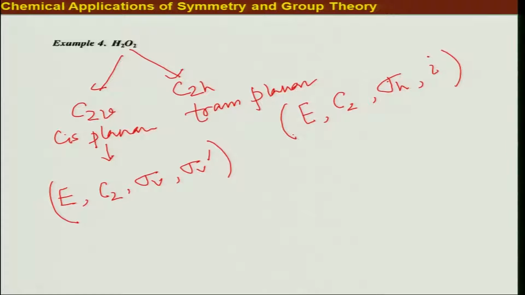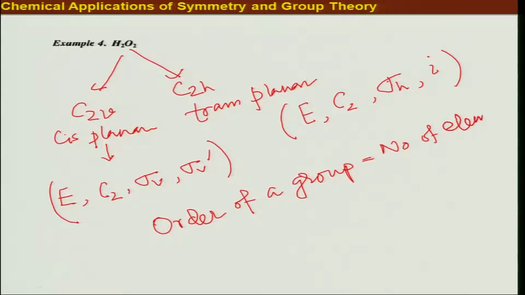Now, if I ask you, can you tell me what the orders of these groups are? Both of them have 4 elements. In a group, there are 4 elements, and each element is a symmetry operation. So, the answer is 4 for both of them. The order of a group, as we have mentioned earlier, is equal to the number of elements in it.